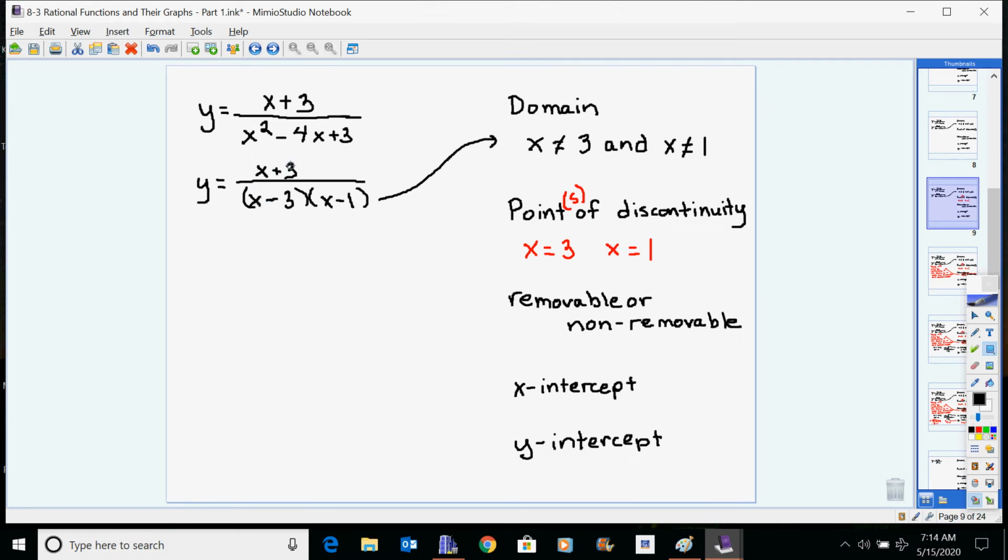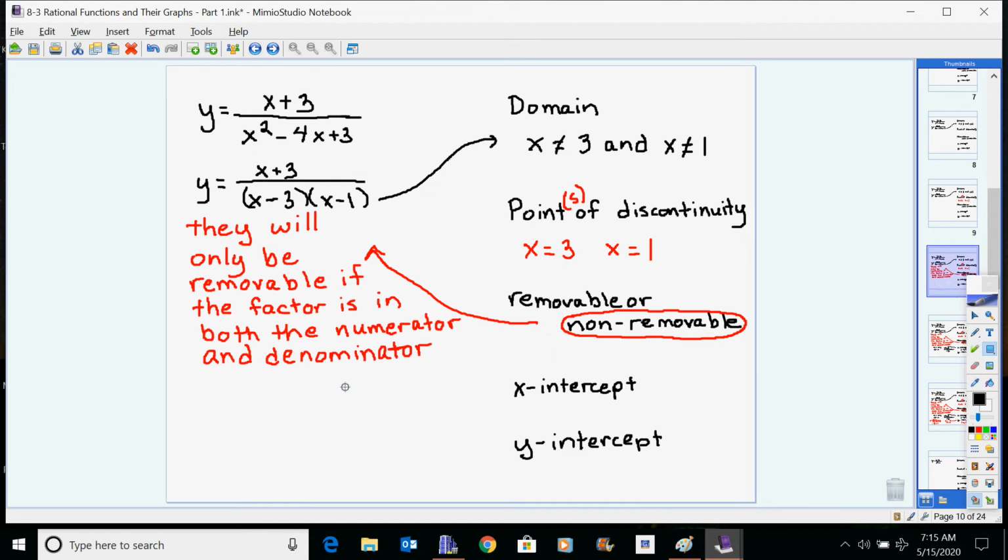Because there's nothing that matches here, you're going to be thinking about asymptotes rather than holes in your graph, which means that we are in the non-removable category. You can write this down. They're only going to be removable if the factor is both in the numerator and the denominator. There is nothing here that is a factor of both the numerator and denominator. So that means that both of those are non-removable points. We're thinking asymptotes.